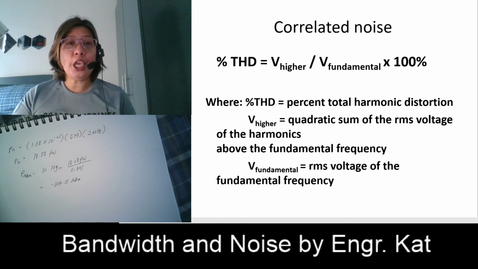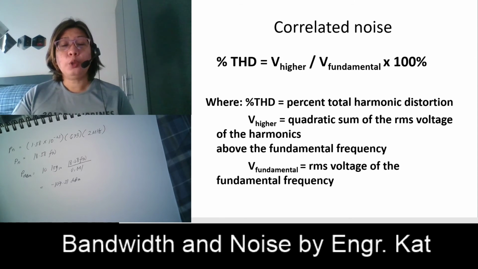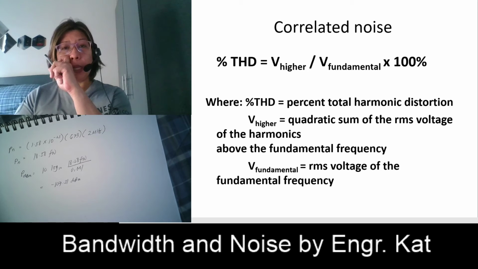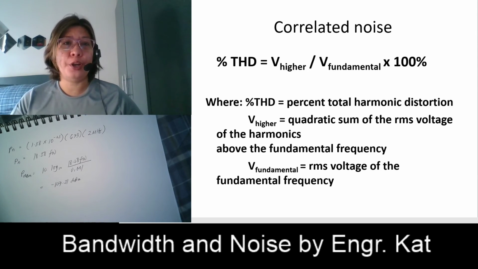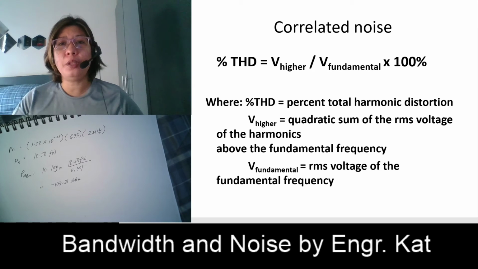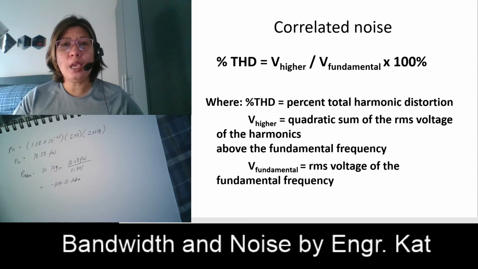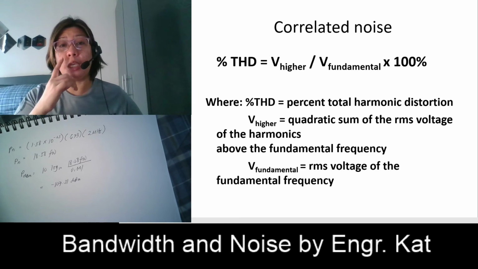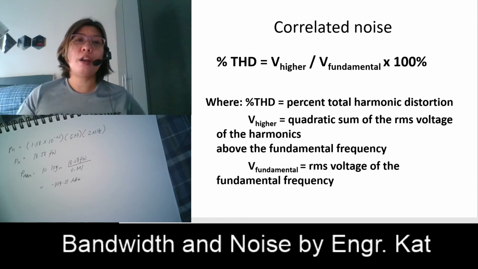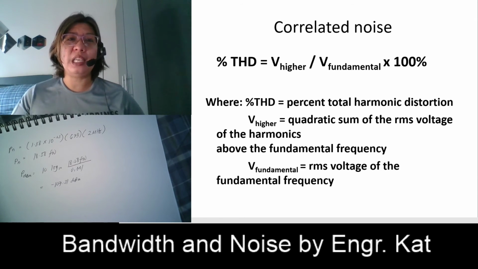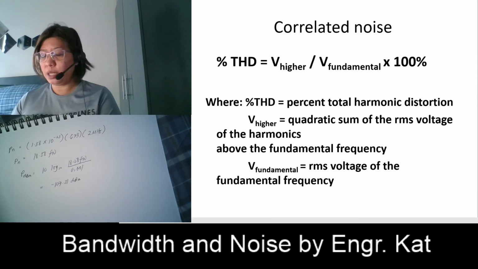So the percentage total harmonic distortion is equivalent to the RMS voltage of the higher harmonics divided by the fundamental. V higher is the quadratic sum of the RMS voltages of the different harmonics. For example, if you have three harmonics, what are their RMS values? We get the quadratic sum. What do we mean by quadratic sum, class?